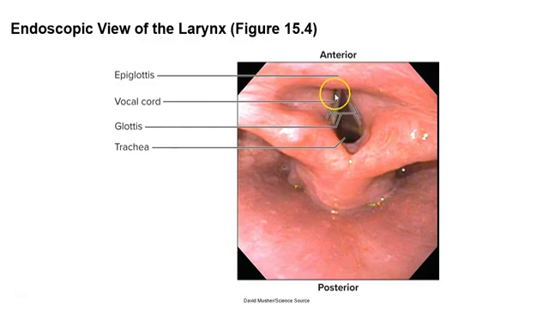So you can change the size or the tension on these vocal cords through adjustment of the cartilage. The cartilage can adjust or pivot to alter tension on those vocal cords, and that can alter the pitch of your voice to allow you to have a deeper sound versus a higher pitch sound.